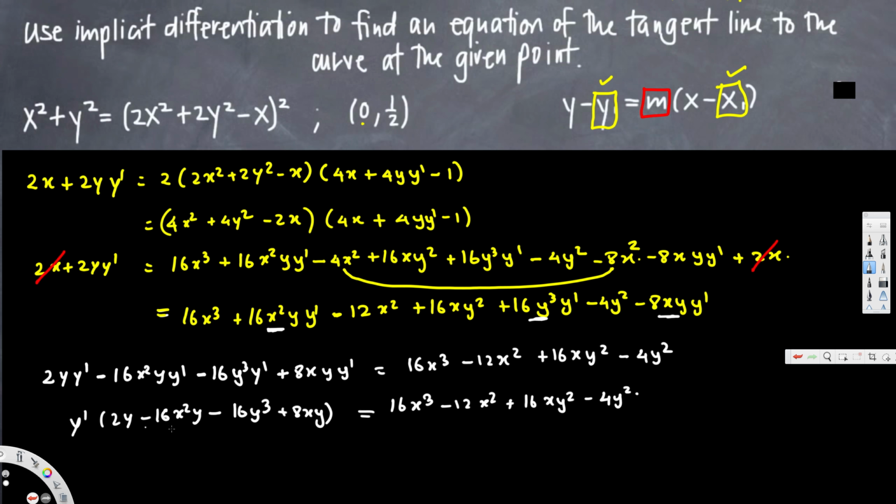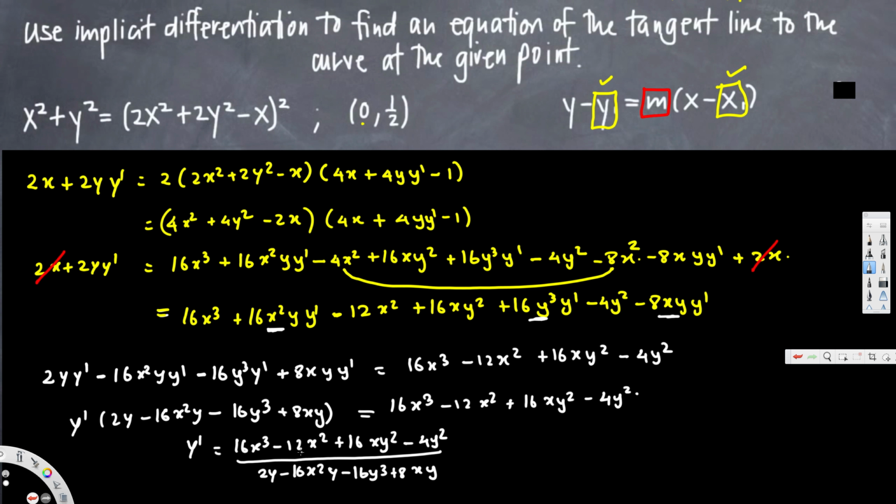Now we are going to move this one to the other side, so y prime is equal to 16x cubed minus 12x squared plus 16xy squared minus 4y squared divided by the whole thing.